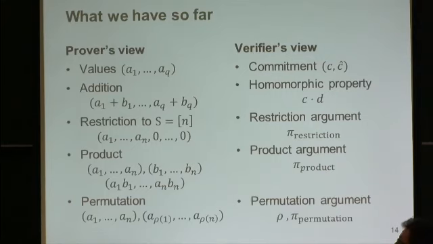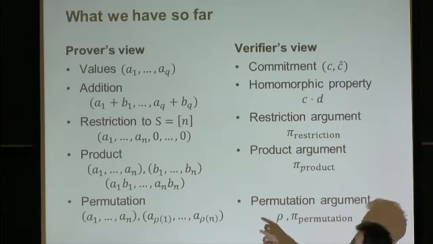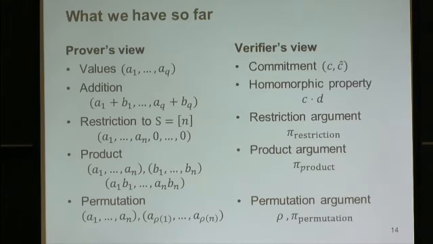For instance, we can say that only the first n values are non-zero and the rest are 0. We have a product argument, so we can have committed values A1 through An and B1 through Bn, and show that a third commitment contains just the product of those values. And we have a permutation argument. We can have two commitments, and we can show that the second commitment contains some permutation of the values in the first commitment. All of these arguments are just constant size, a constant number of group elements.